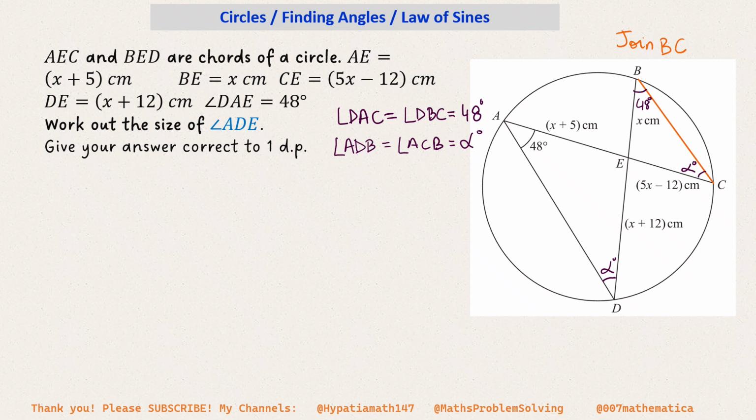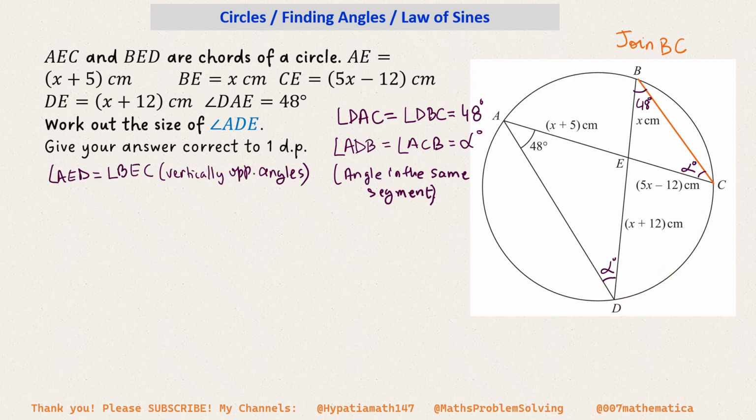ADB is equal to ADE, so that's alpha, and is equal to angle ACB. Okay, and then angles in the same segment, that's a reason. They're all in the same segment. This is the same segment, and the other one, the 48 and 48, is in this segment.